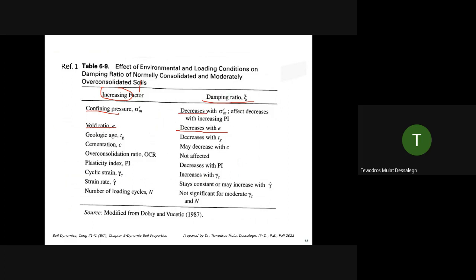Decreases. When you have larger confining stress, is the soil getting stiffer or weaker? When you confine it, it becomes stiffer, right? If something is stiff, damping is lower. A loose material has larger damping. So just go through it to understand what parameters affect damping.